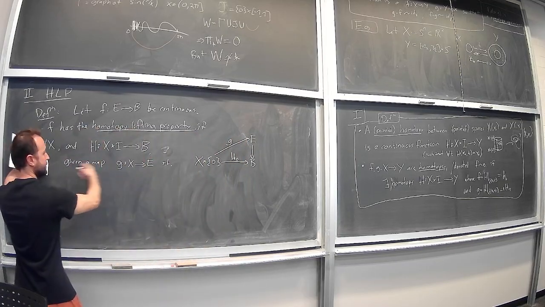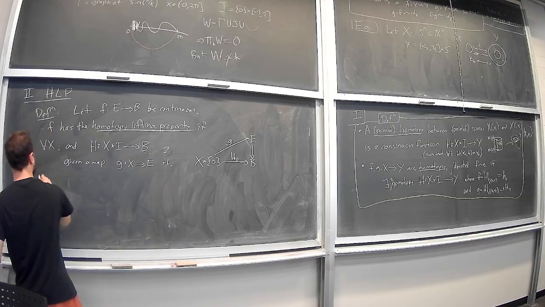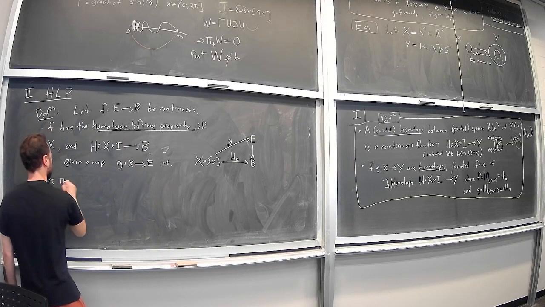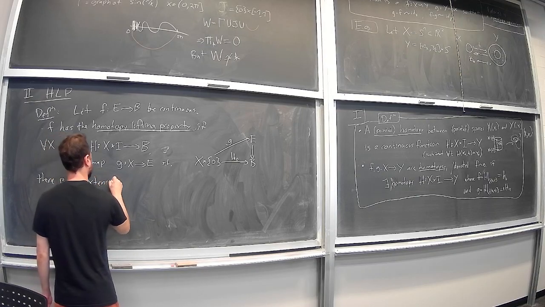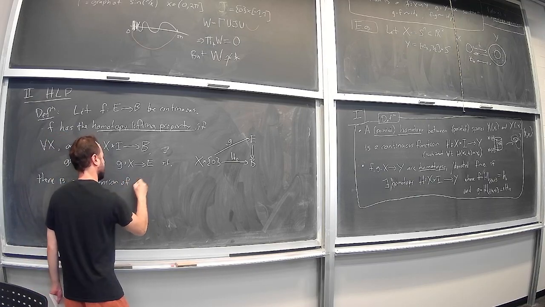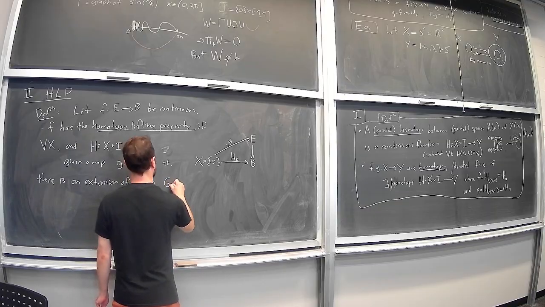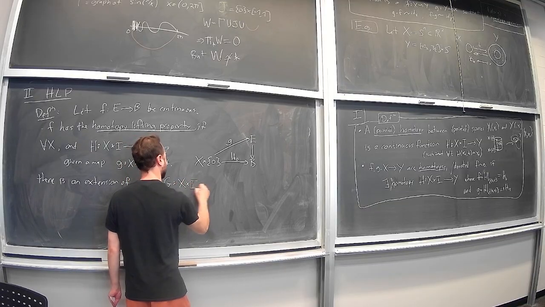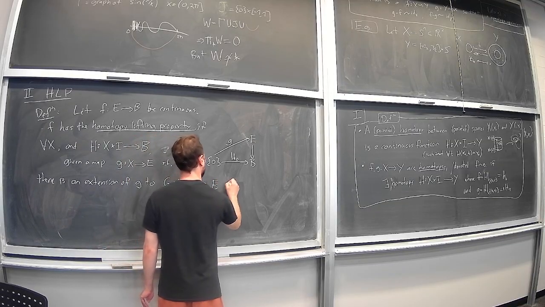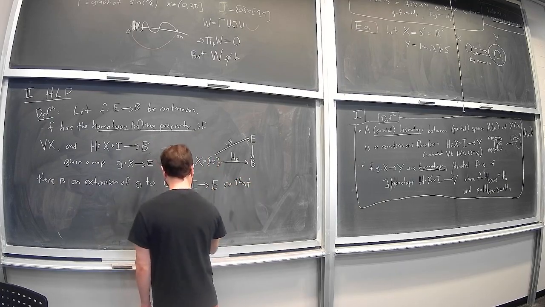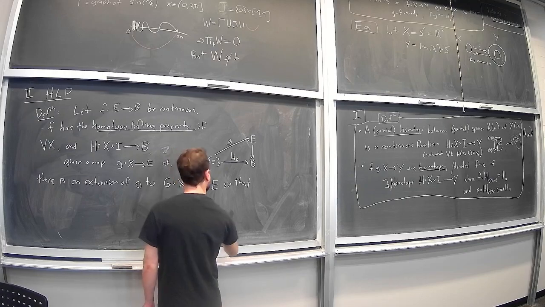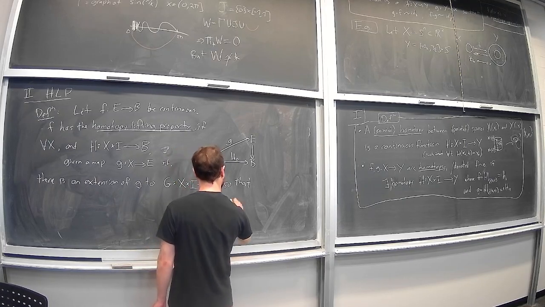For any situation like this, there is an extension of G to a full-on homotopy in E, so that it covers the original homotopy in a way that I make specific in this diagram.